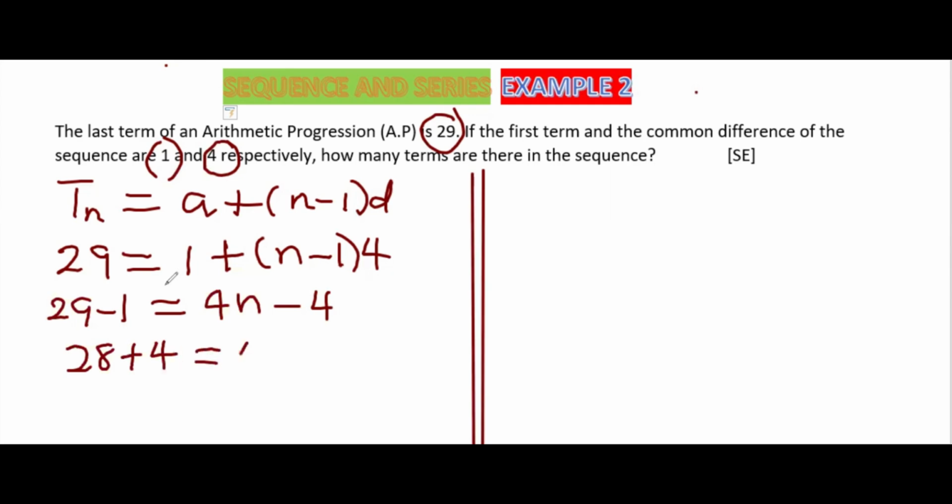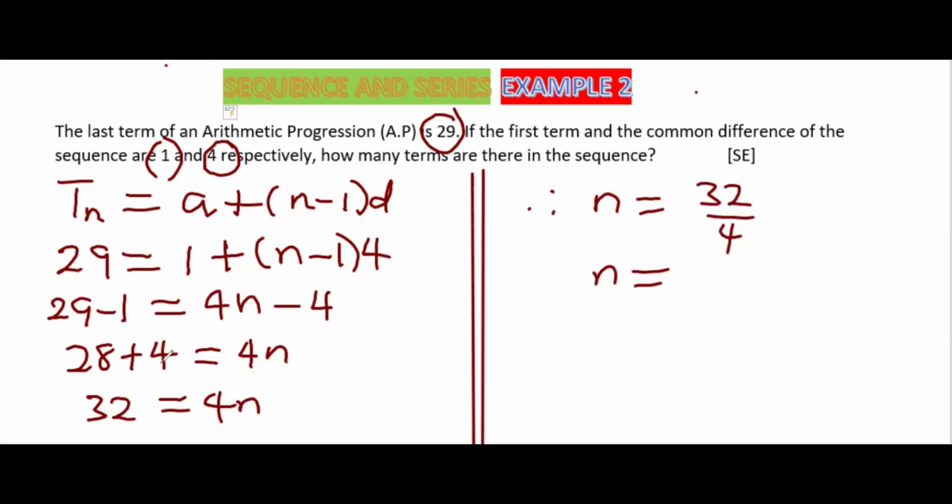So 28 plus 4 gives 32. 32 equals 4n. Therefore, divide both sides by the coefficient of n. We have n being 32 divided by 4. n equals 8. So that means there are 8 terms in the sequence.